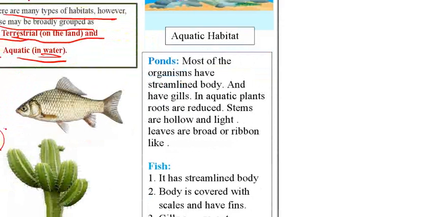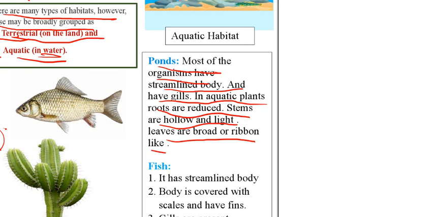Let's see, ponds. Most of the organisms have a streamlined body and have gills. In aquatic plants, roots are reduced, stems are hollow and light, leaves are broad or ribbon-like. So what it is saying is that many organisms have a streamlined body to reduce the fluid friction, or the drag.